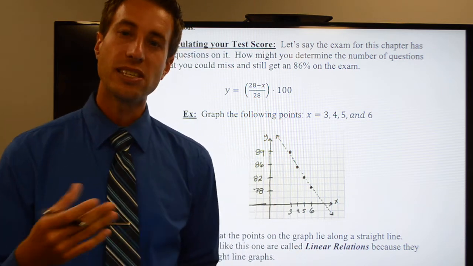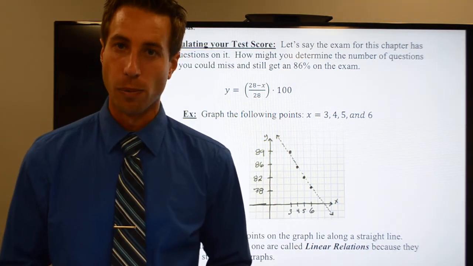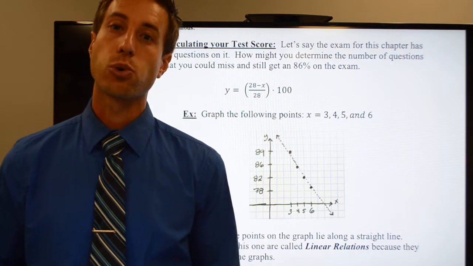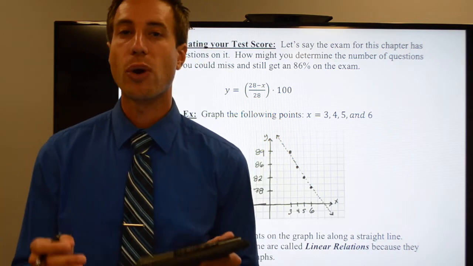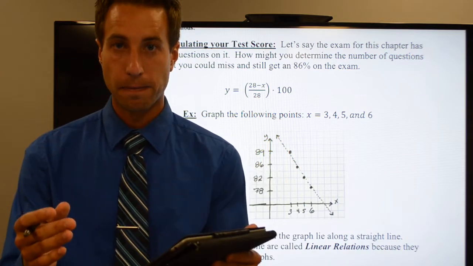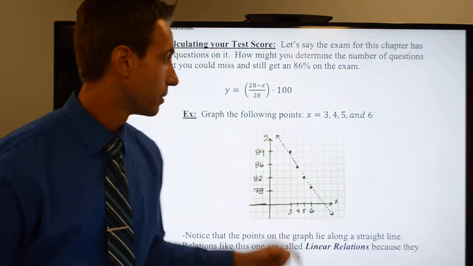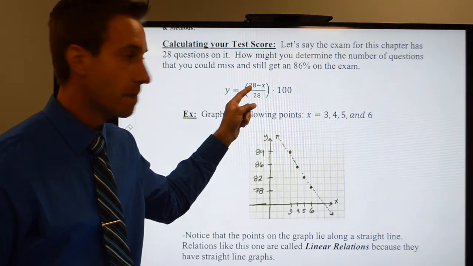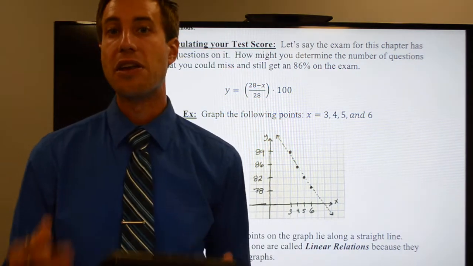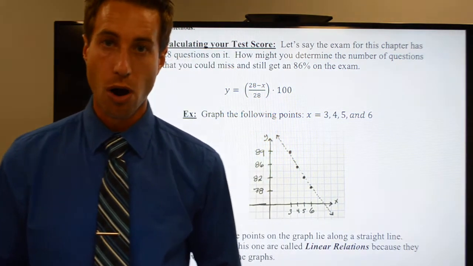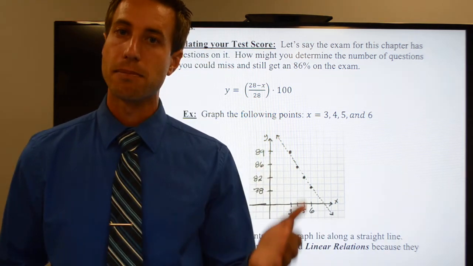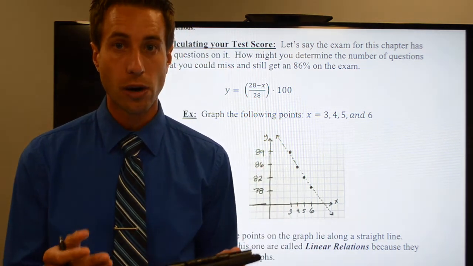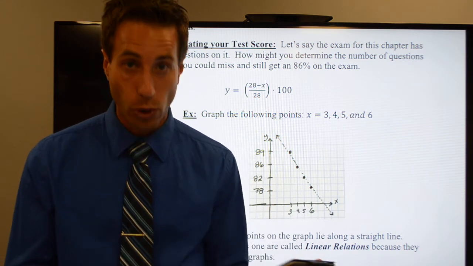Well, the equation is actually fairly simple. Since the test has 28 questions on it, in order to figure out the number of questions you got right, you would take 28, the number of questions on the test, and subtract the number of questions that you got wrong. If you missed 4 questions, 28 minus 4 would be 24. 24 would be the number of questions you got right.